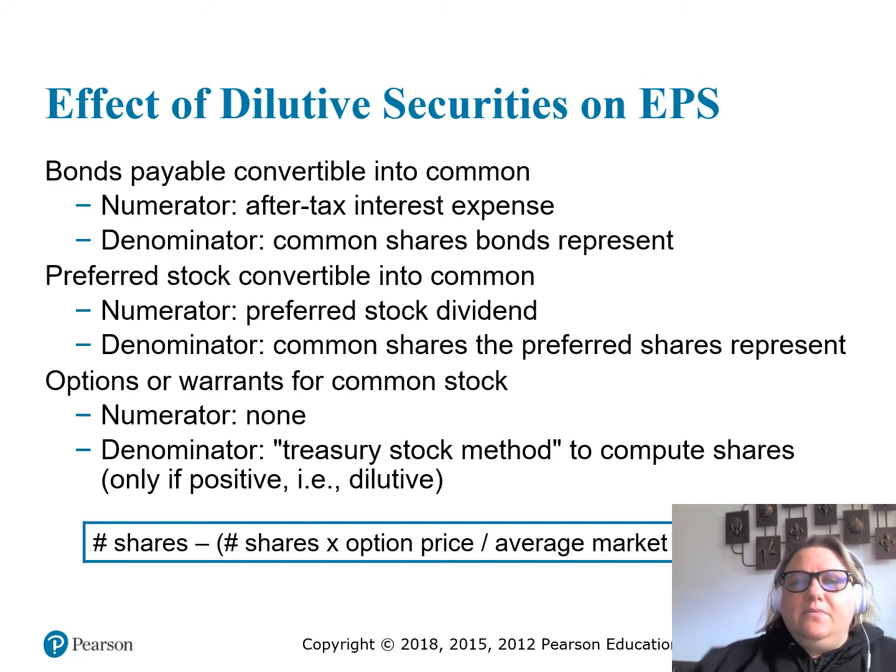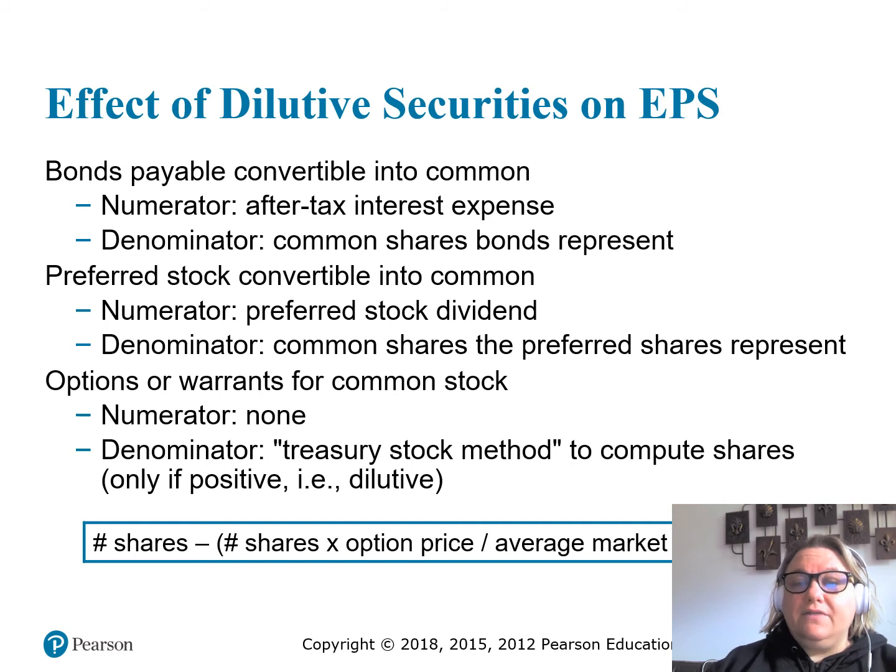Okay, so what happens when all these potential dilutive items are exercised? For bonds convertible into common, the numerator is the after-tax interest expense. The denominator is the common shares that the bonds represent.